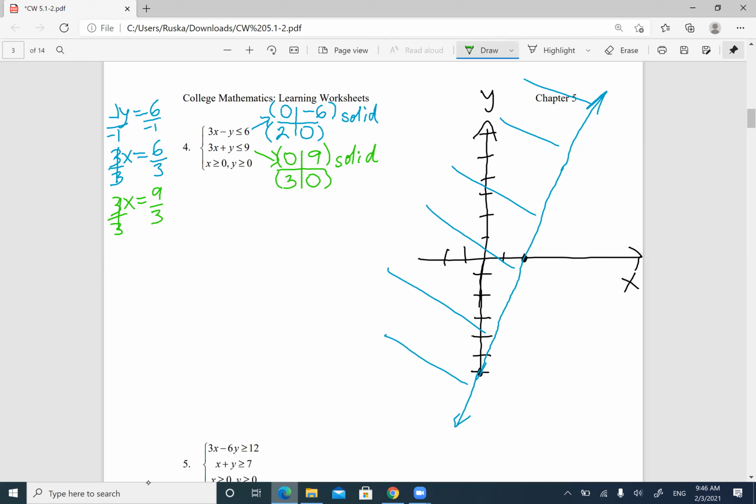So let's graph those two. I have 0, 9. 1, 2, 3, 4, 5, 6. I need a longer one. Let me make this better.